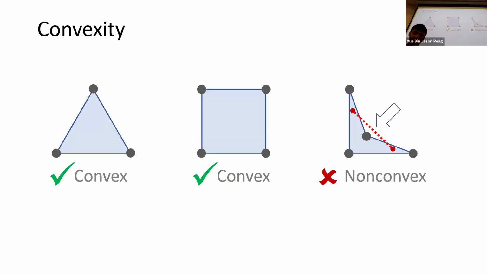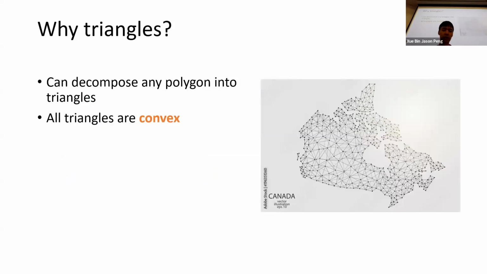Well, actually, I'm not sure about it. I'm not sure if convexity guarantees flatness, but we're going to talk about flatness next. Okay, but any other questions about convexity? Okay. Then triangles have a nice guarantee that they're always going to be convex.